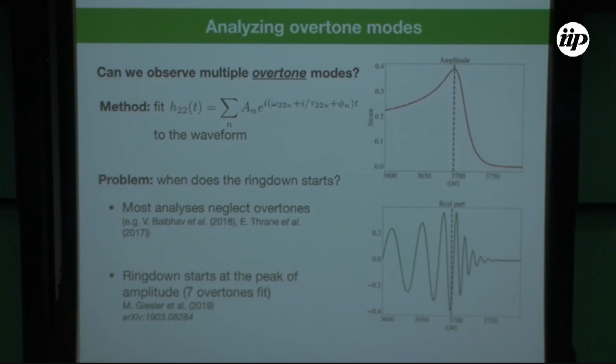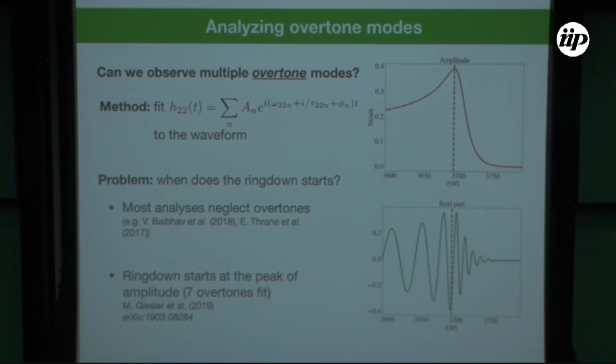A way of doing this is trying to fit a function of the overtone modes into the waveform of the simulation, and see if we can extract the initial amplitude of excitation of these modes. But the problem of doing this is that we don't know when the ringdown starts.